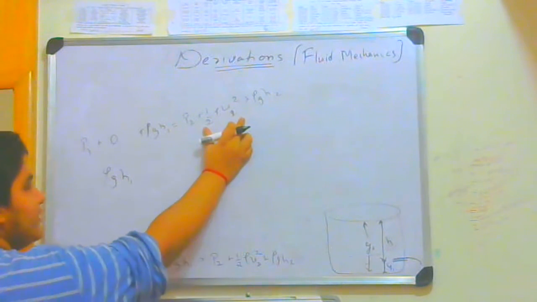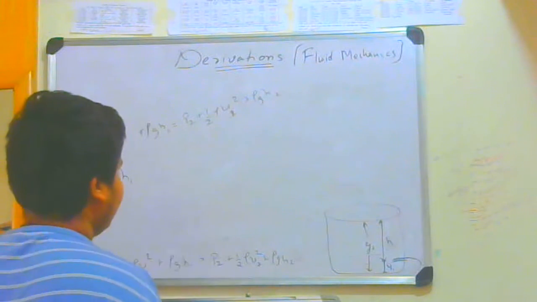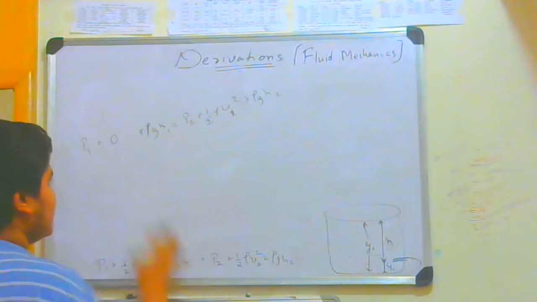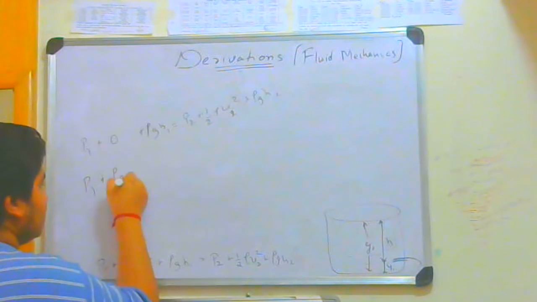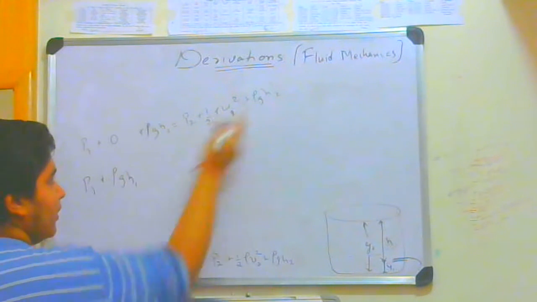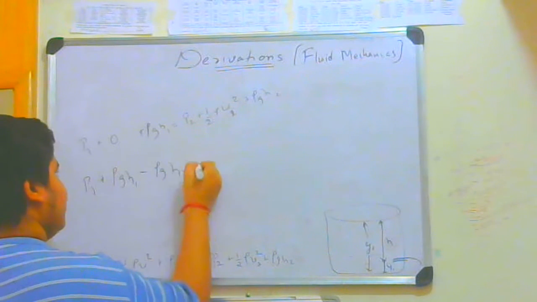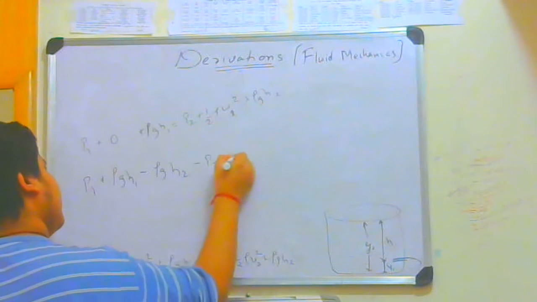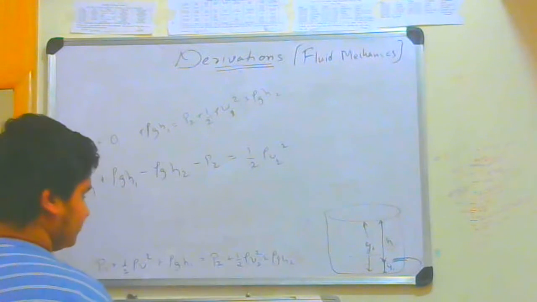Here we have half rho V2 square, right, so we need this term. Here the velocity of efflux V2 is what is given, so let us keep that term on that side. So I get P1 plus rho G H1, and from here this comes over, so minus rho G H2 minus P2 equals half rho V2 square.